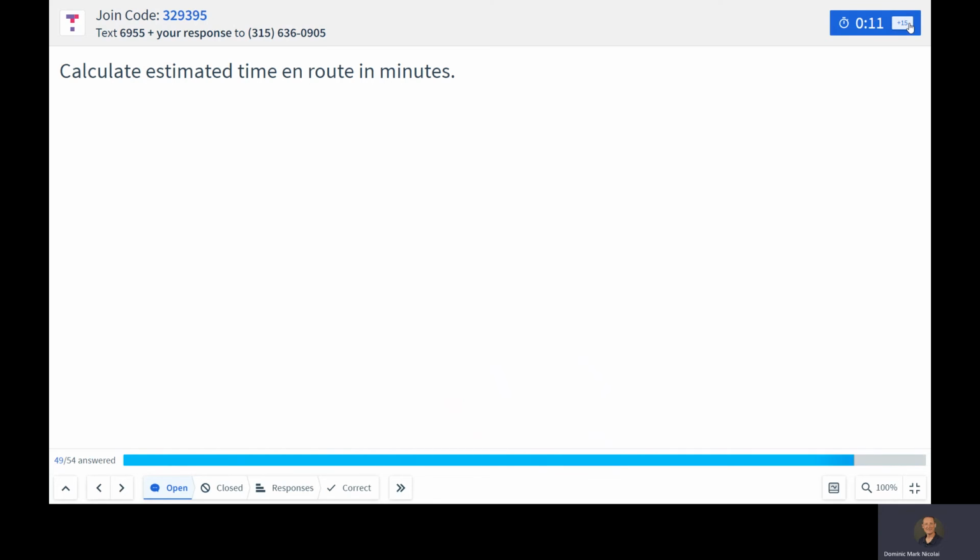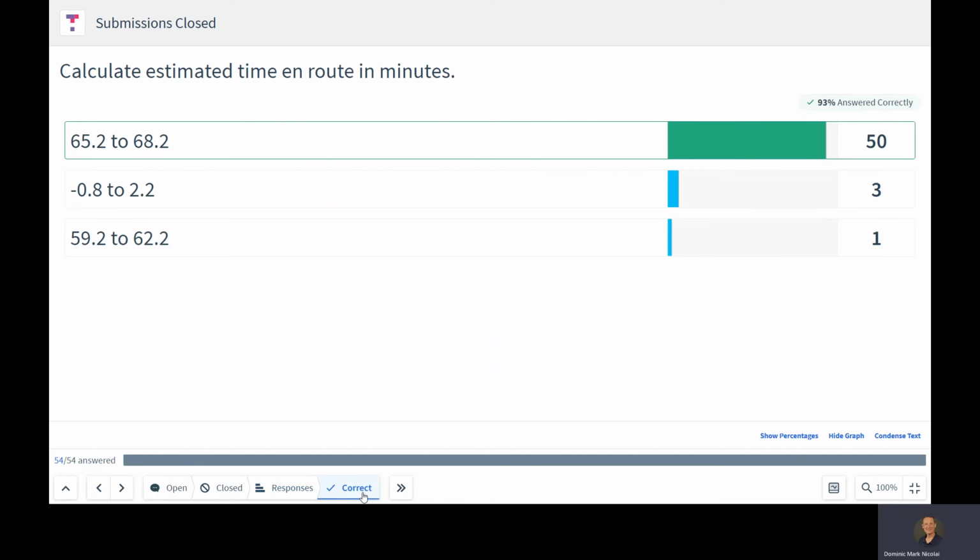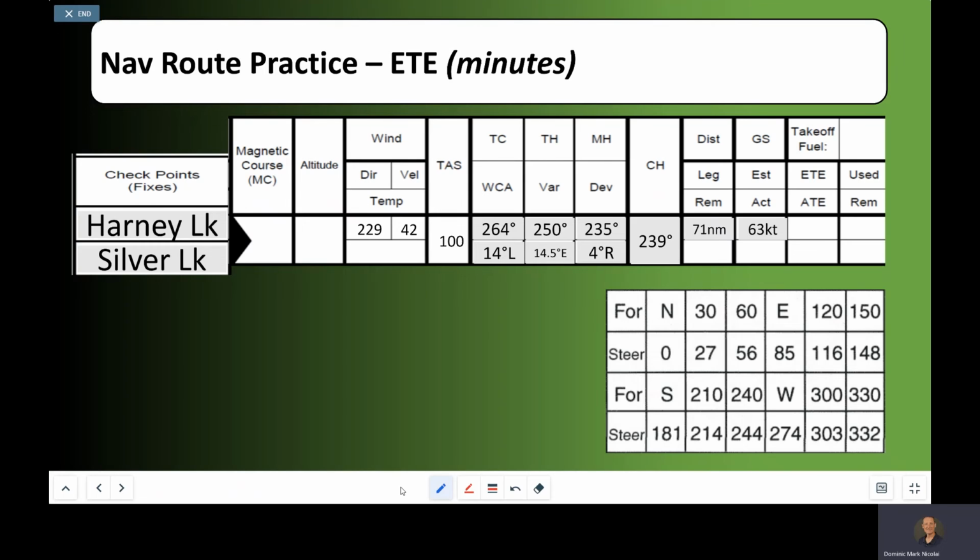All right, so most of you did get that one correct there. Someone got somewhere near an hour. That's going to be a little too short because in 1 hour you would have gone 63 miles and you still got 8 miles left on that.